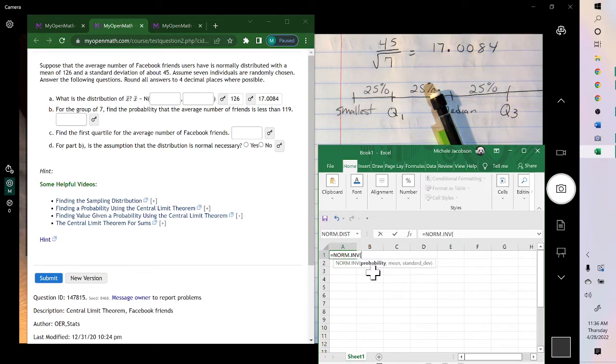Because then notice it's asking for the probability, and our probability is 25%, written as a decimal. So 0.25, comma, your mean, 126, comma, then the standard deviation for the average, because it was the group of 7. 17.0084. And then hit enter.